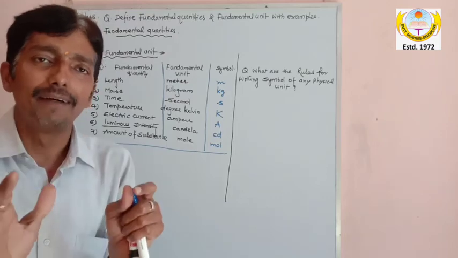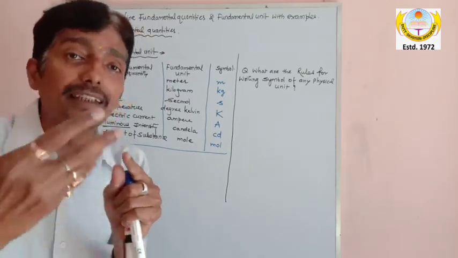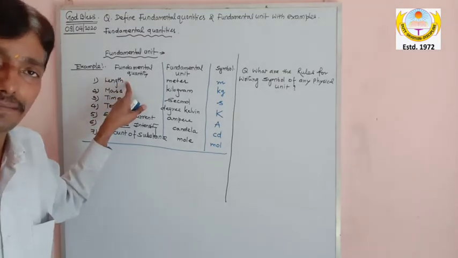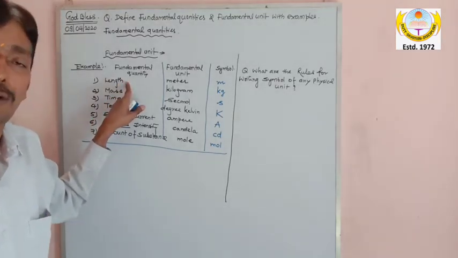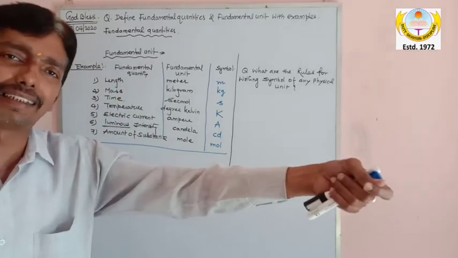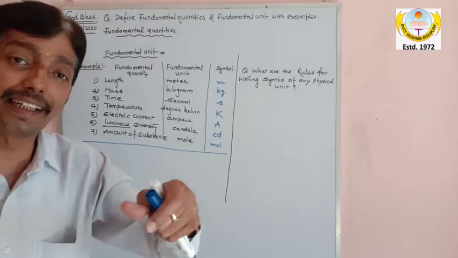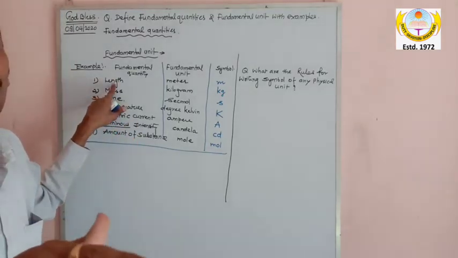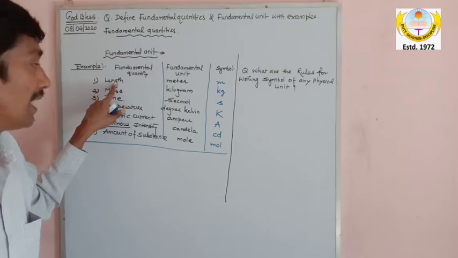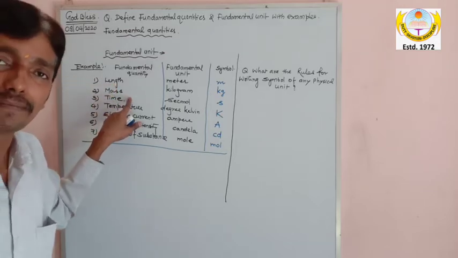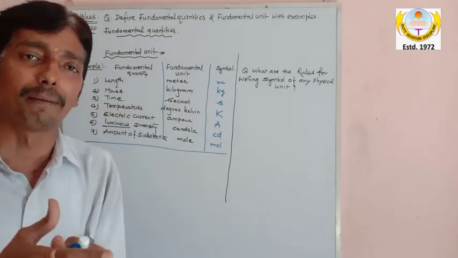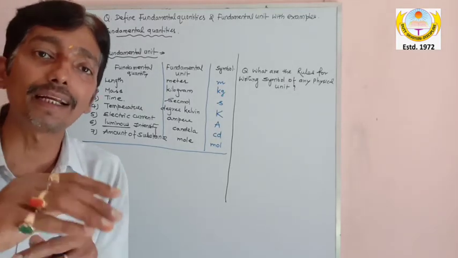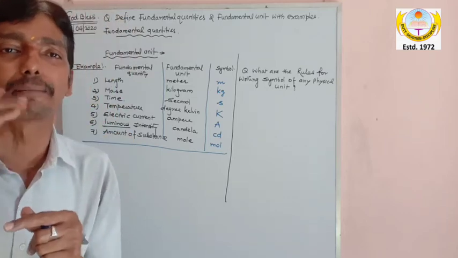Apart from that, we don't require any other physical quantity on which the measurement of length depends. Similarly for mass also, while measuring mass, we only require a weighing machine. Mass does not depend upon any other quantity for its measurement.